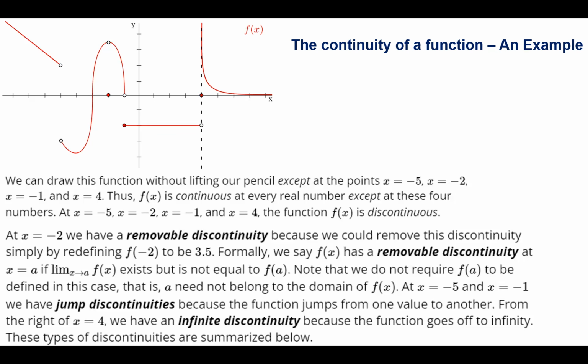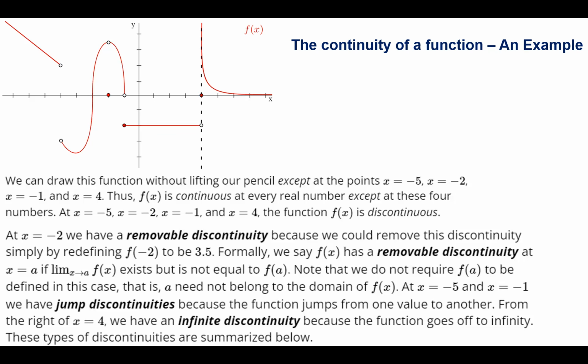On the other hand, at x equals -5 and x equals -1, we have jump discontinuities because the function jumps from one value to another. From the right of x equals 4, we have an infinite discontinuity because the function goes off to infinity.